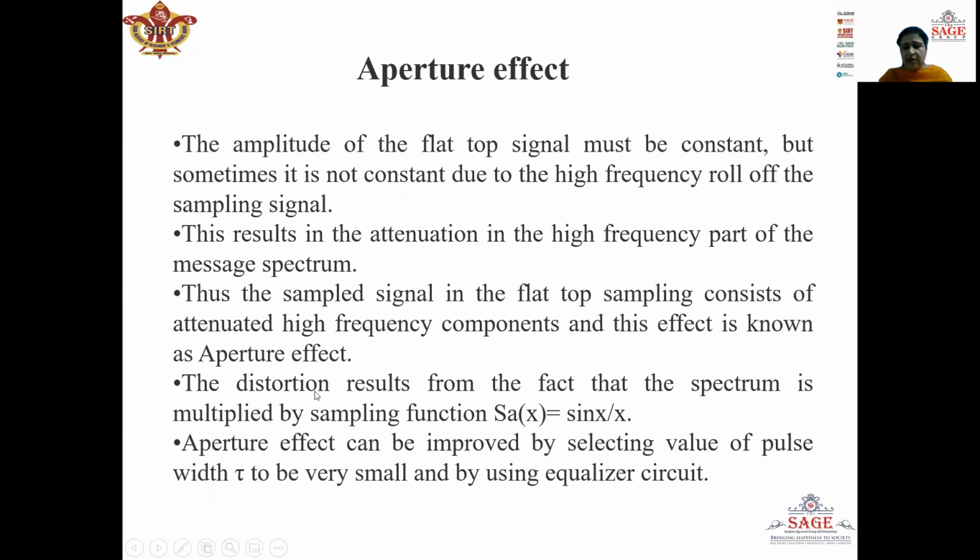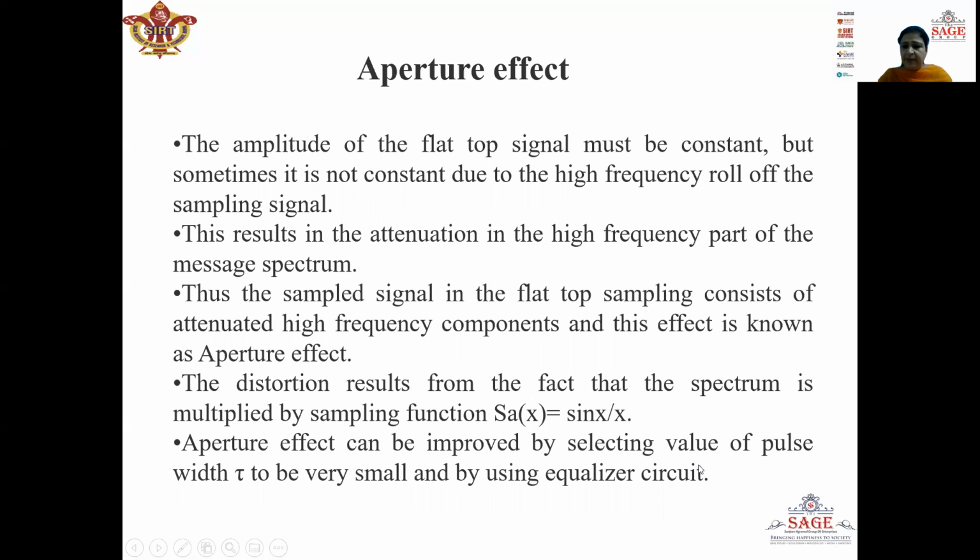This distortion results from the fact that the spectrum is multiplied by the sampling function sin x upon x, which is the Fourier transform of the non-periodic gate function. So the amplitude of the spectrum of the flat top sampled signal will go on reducing and there will be distortion in the signal.